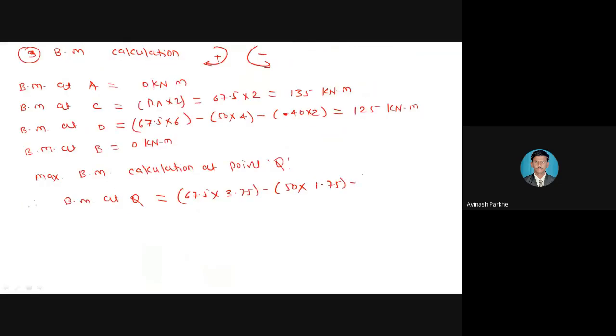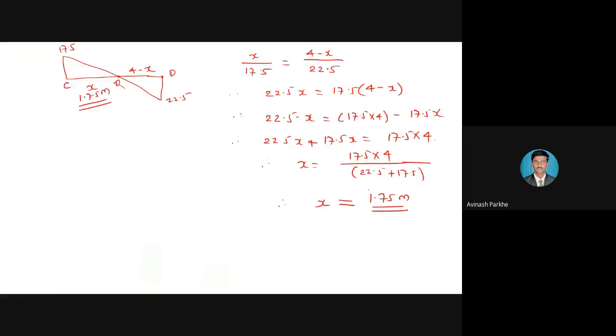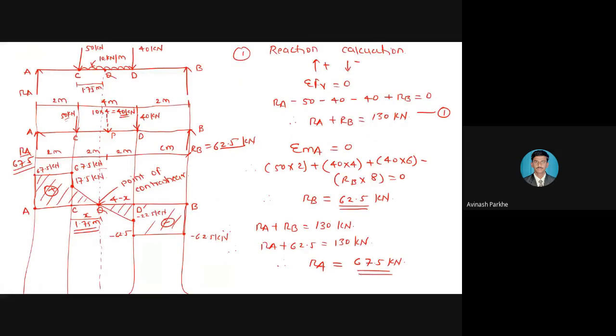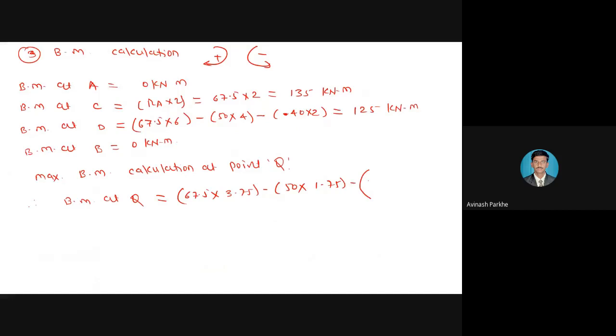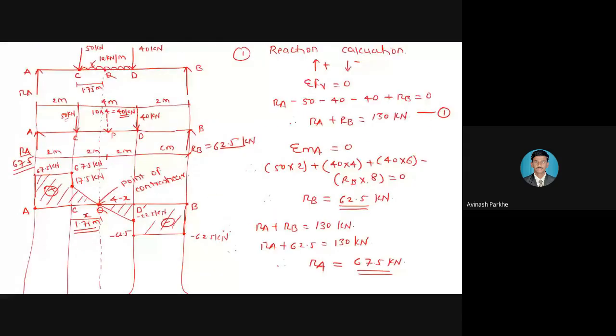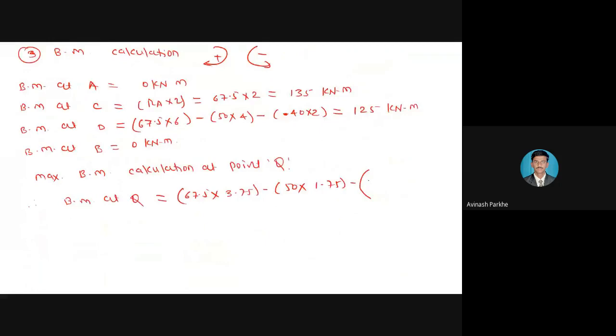1.75 minus, now this calculation is very important. First of all, the 1.75 meter UDL also we have to convert into the point load, correct? So how to convert that UDL into the point load? Magnitude will be same, 10 into 1.75. This is W. Multiply by distance, 1.75 divided by 2.